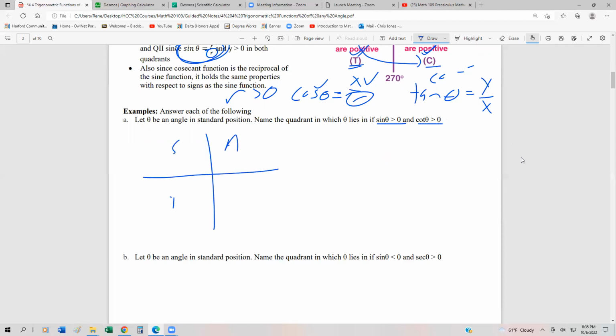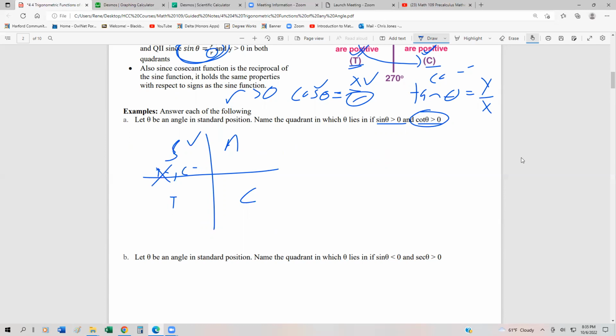Now, we know: all students take calculus. Right away, we know that the sine function is positive, in quadrant 2, but that means every other function is negative, like tangent and cosine. Cotangent is the reciprocal of tangent, so that doesn't work.